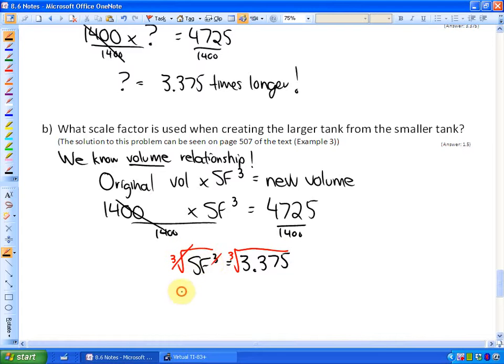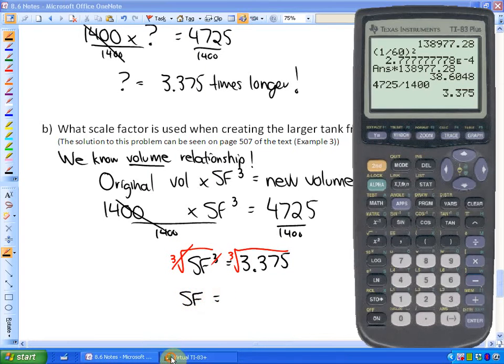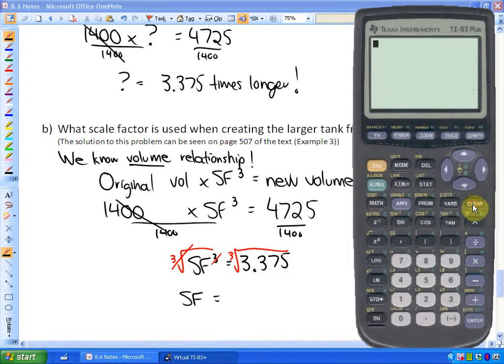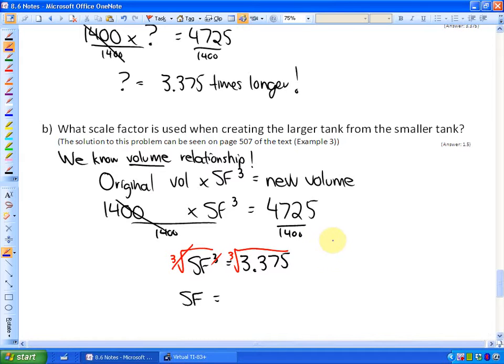And the scale factor used to create the larger from the smaller, this is a little bit adventurous on your calculator. Lots of you have different buttons in order to take the cubed root. You may have a button that looks like something like this. I have some calculators that have something that looks kind of like this.